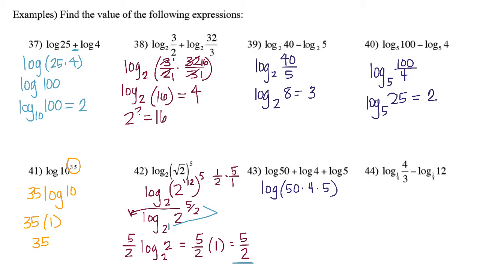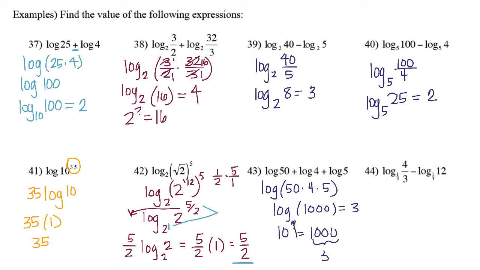That's going to be 50 times 20, which is going to be log of 1,000. Good grief. And so again, we have to keep in mind 10 to what power is 1,000. And here just count your zeros. There's 3 zeros. So this answer should be 3.